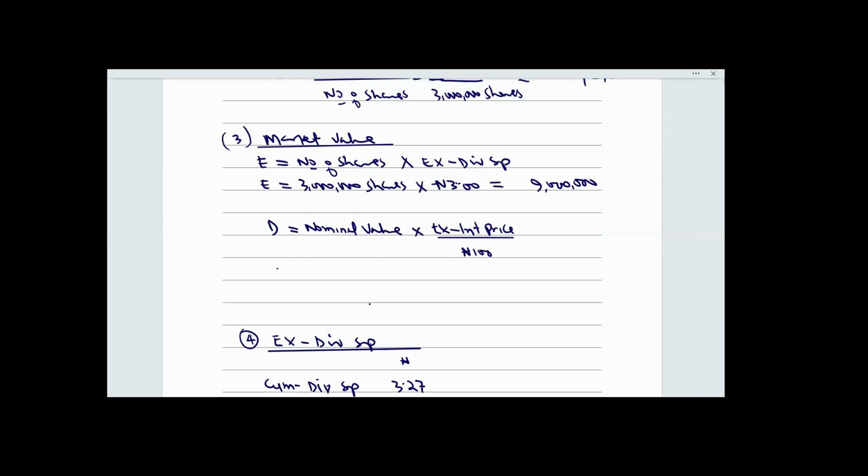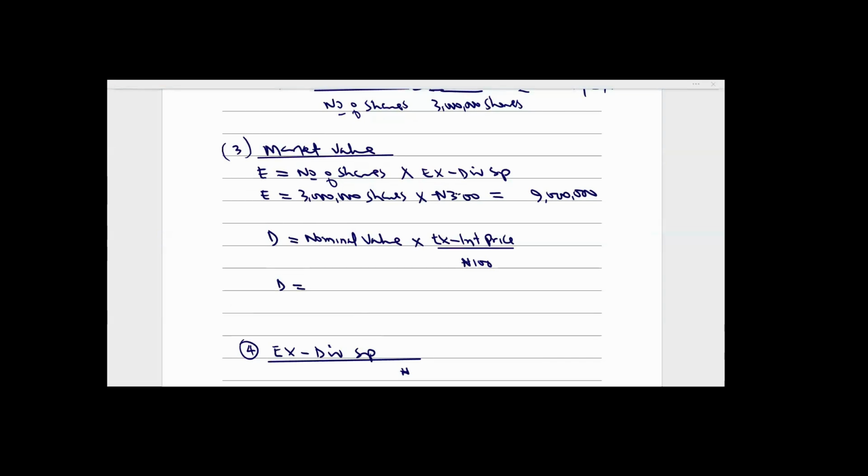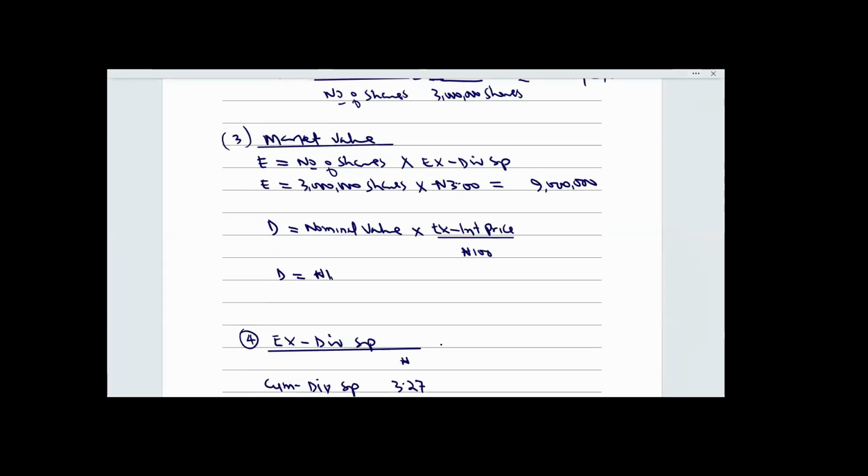Okay, so D equals, I will go back to the balance sheet, capital structure. What's the nominal value of the debenture? The 7% debenture is 1.3 million naira, 1,300. So that's the nominal value. 1,300,000 multiplied by X int price.